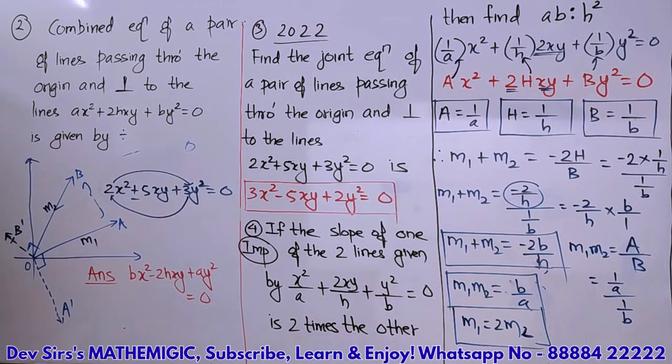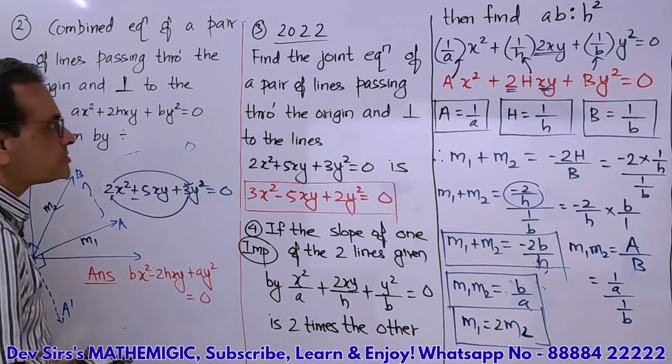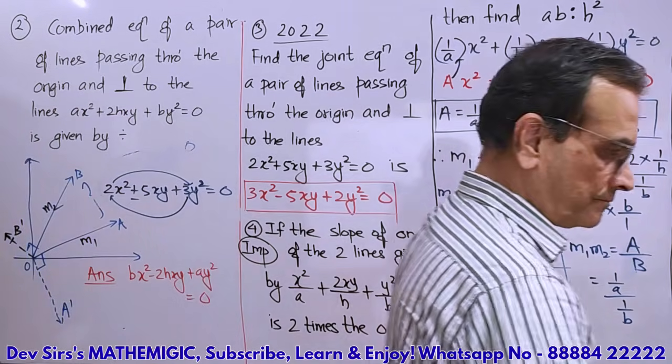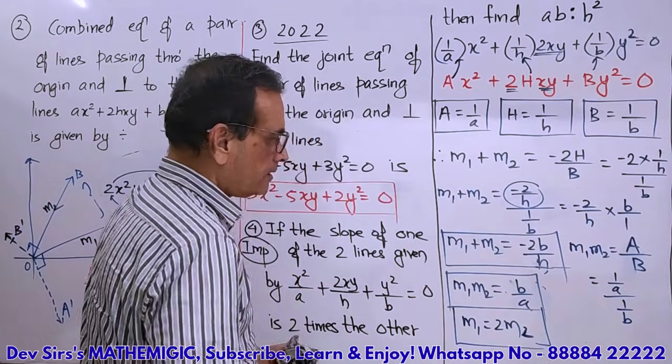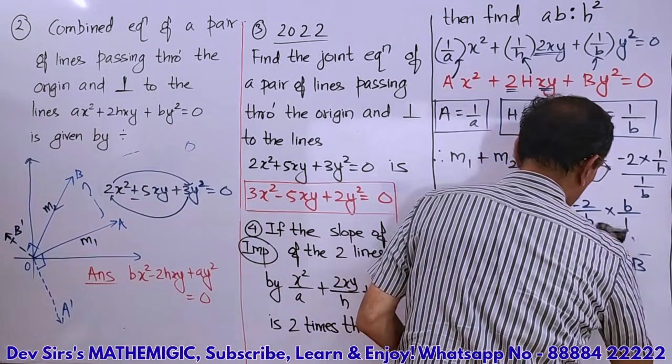So these are the three equations that we get. Now what is the procedure that you remember? I'll call them 1, 2 and 3.